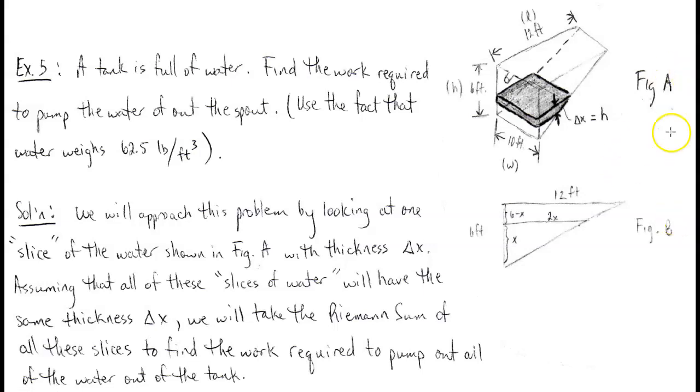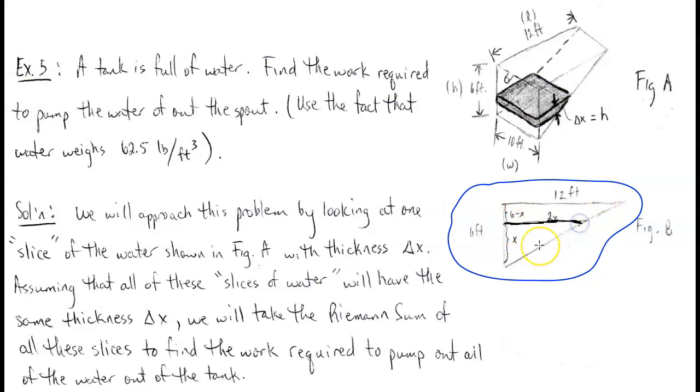So here, what I've done in this picture, figure B, is I've taken a cross section of what this tank looks like. I've done that because we know that at any given time, if we looked at a specific slice of water, and I'm going to do it by this black line right here, it's going to be a level of X units up from the bottom of the tank.